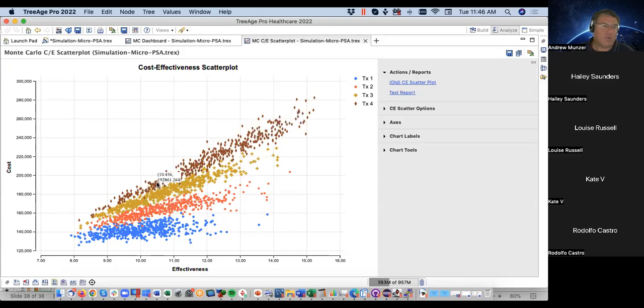And of course treatment 4 was also more costly in general than treatment 3, treatment 2, and treatment 1. But it gives us a good view of the impact of parameter uncertainty on each strategy, what it doesn't give us is much visibility into the relative cost effectiveness of the 4 strategies.